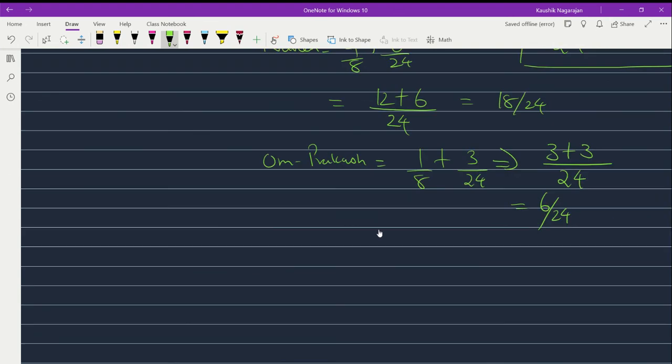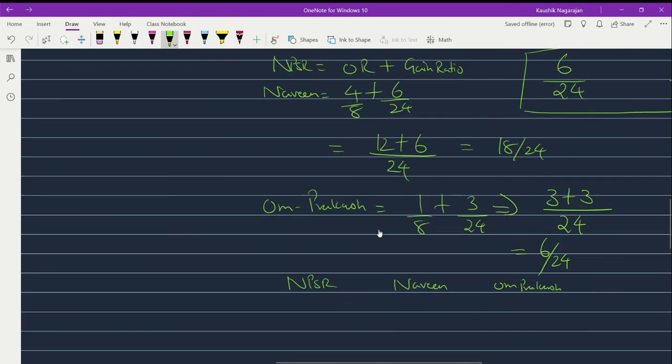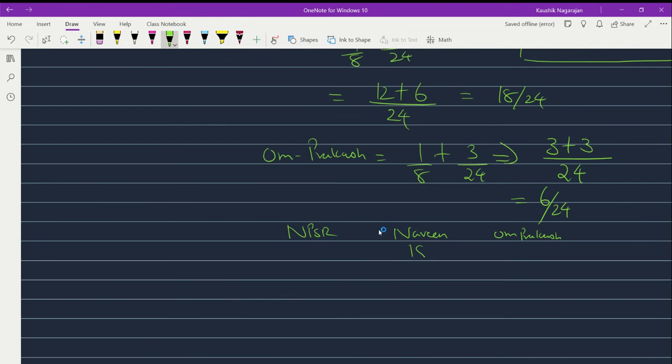So now my NPSR between the two partners, that is Naveen and Om Prakash, gives me 18 is to 6, which is nothing but 3 is to 1.